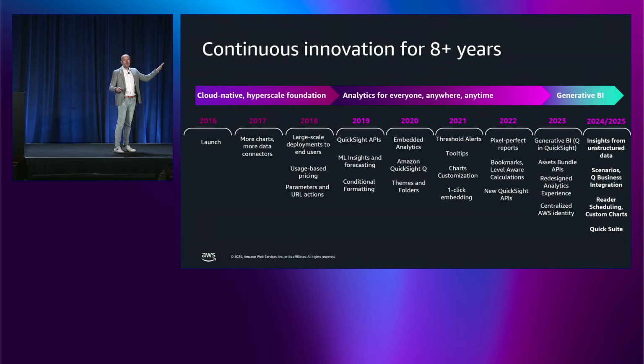90% of the features that we are adding to QuickSight, and you will see that at some point we are mixing QuickSight with QuickSuite, 90% of the functionalities in QuickSight are coming from you, from our customers, from Moody's, from all of our customers. And that reflects our desire to adapt to the needs of the market.